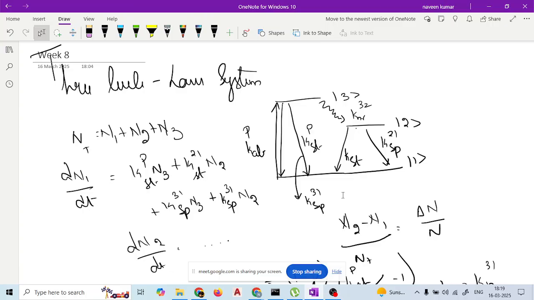This also depends upon the pump laser, right? The light that takes the molecule from the ground state to the higher energy state, that pump light, so to speak, we will call K_P, with the superscript pump.